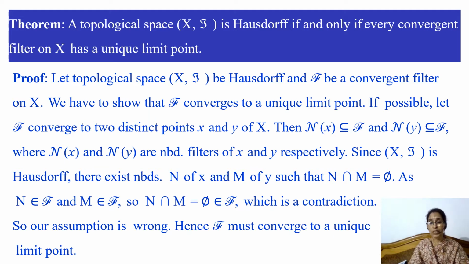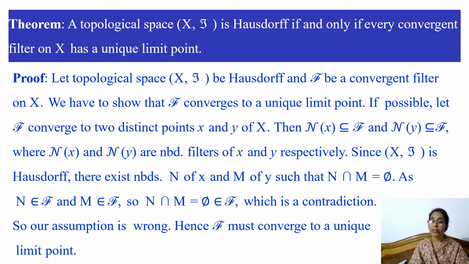Let the topological space (X, τ) be Hausdorff and F be a convergent filter on X. Then we have to show that F converges to a unique limit point. If possible, let F converge to two distinct points x and y of X. By definition, if F converges to x, then F contains every neighborhood of x.